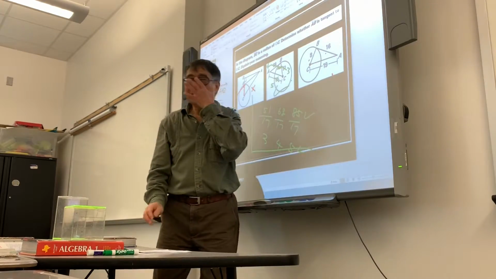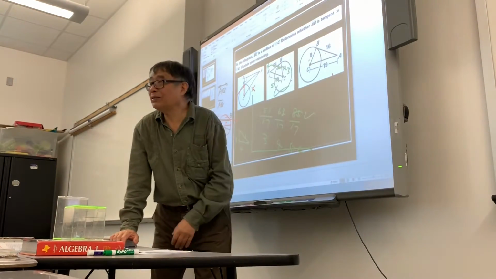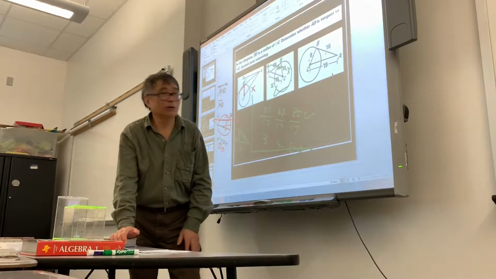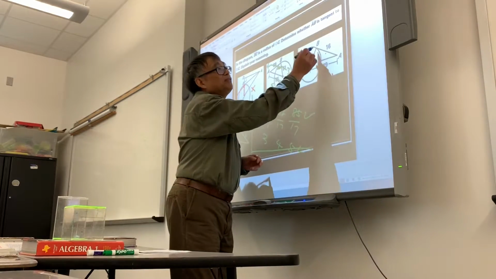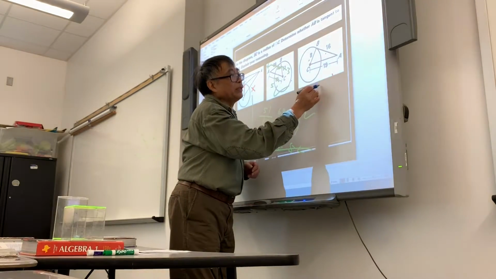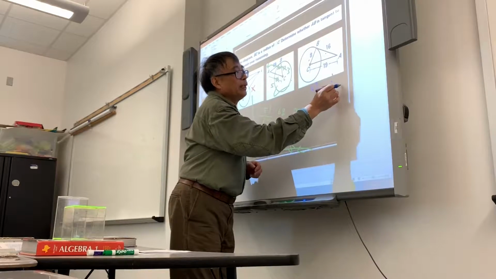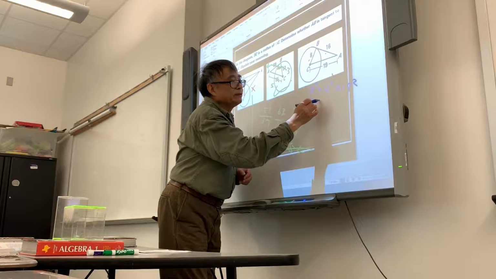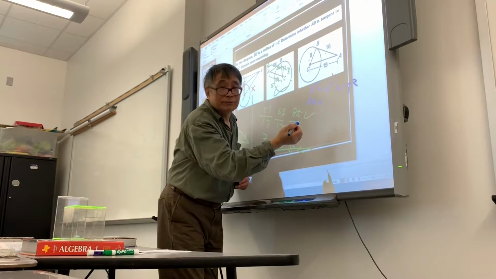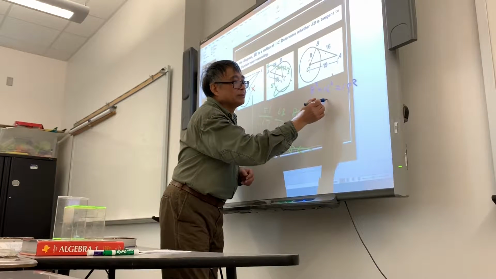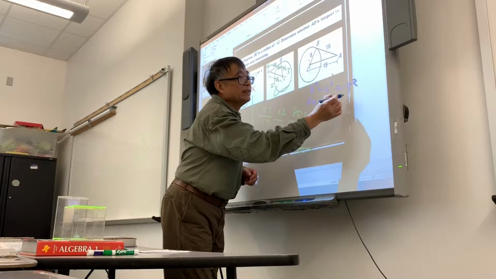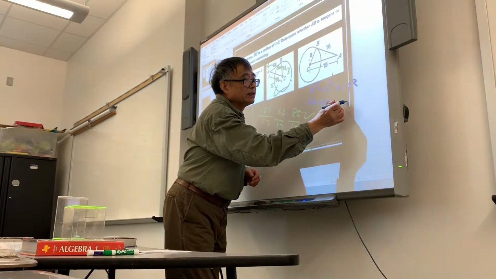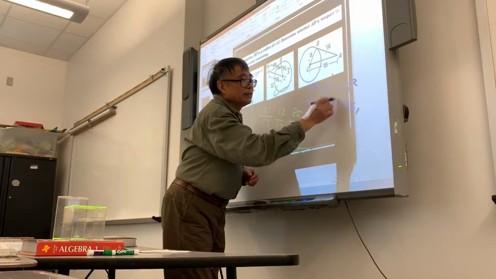Last question. Is AB tangent or not tangent? No. If it were tangent, you check a squared plus 16 squared equals 19 squared. 16 squared is what? 256, good. 19 squared is 361.